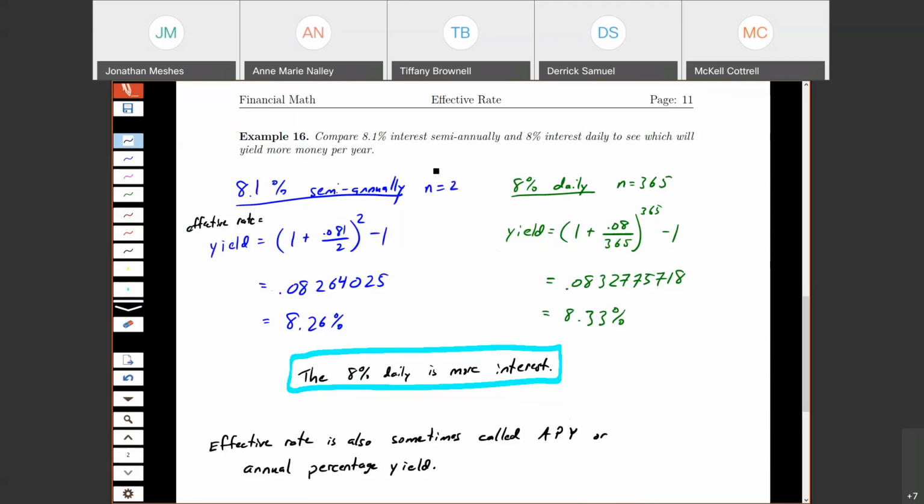The interest rate is 8%, but because of the compounding, my money's actually going to go up by 8.33% after a year. So that's the idea behind effective rate.